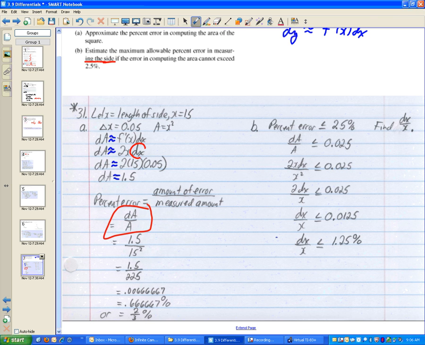If dx is our error in measuring the side, then that's how we got 2x dx. dA equals f prime of x dx, to be the amount of error in measuring the area. So I can replace dA with 2x dx.